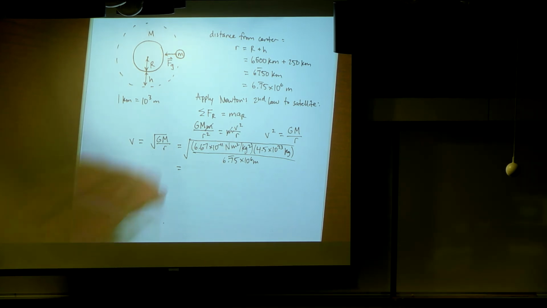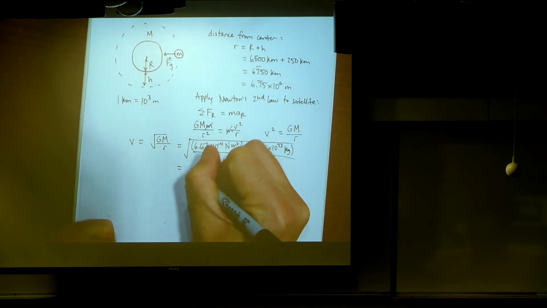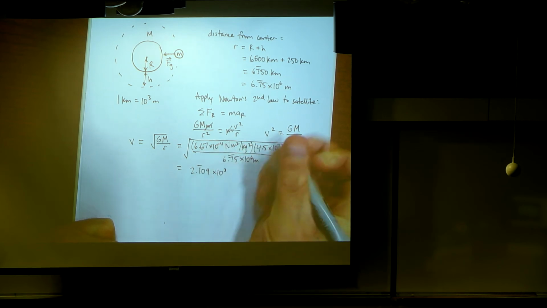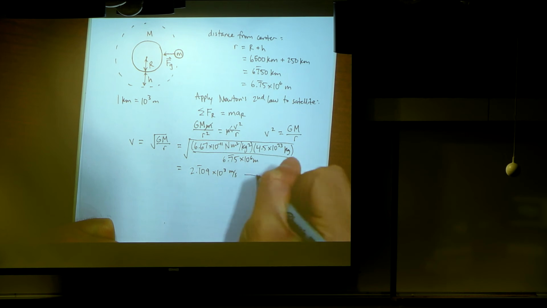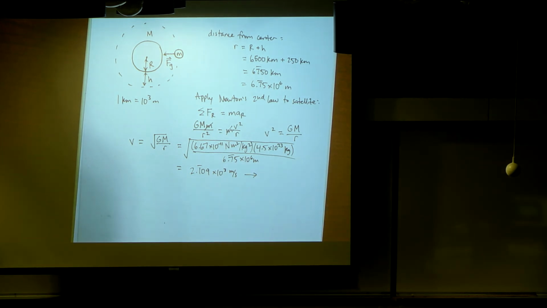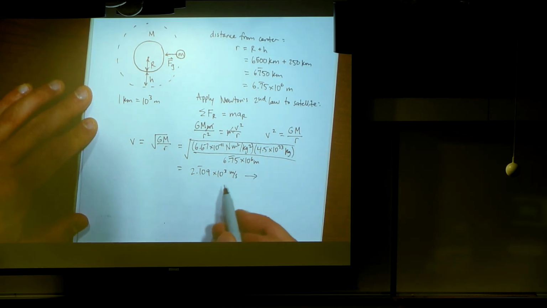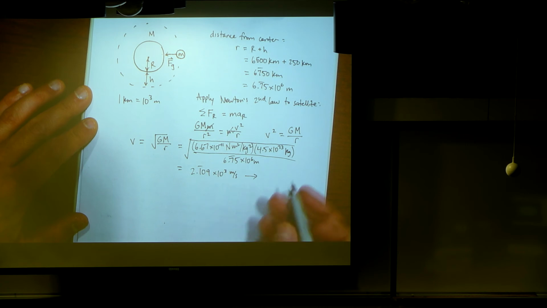Anyway, do this and you'll get 2.109 times 10 to the 3, units are meters per second. So if we wanted to at this point, we could convert that to kilometers per second because 10 to the 3 meters is just a kilometer, right? It's 2.1 kilometers per second.